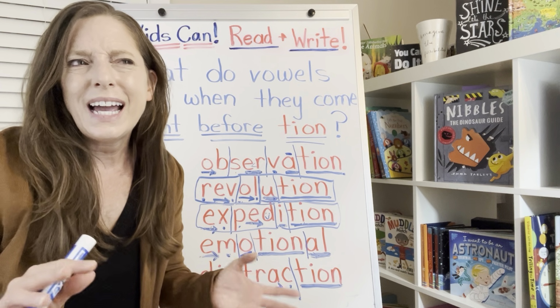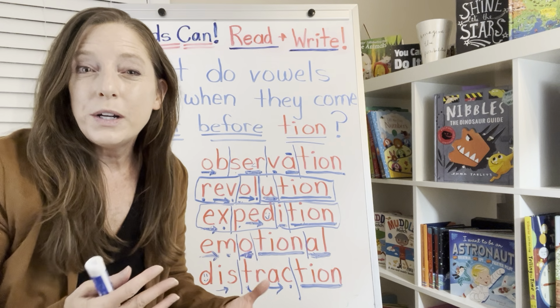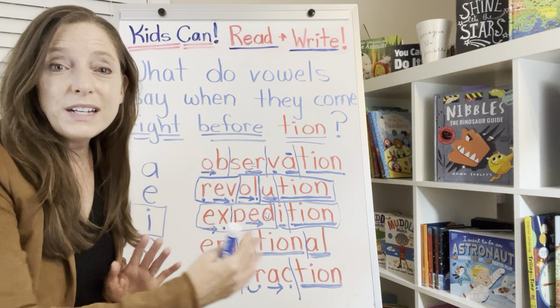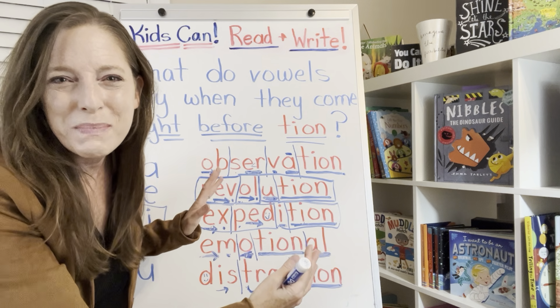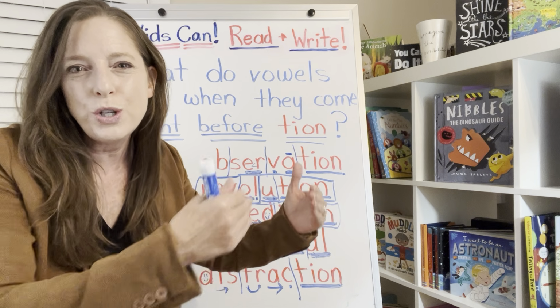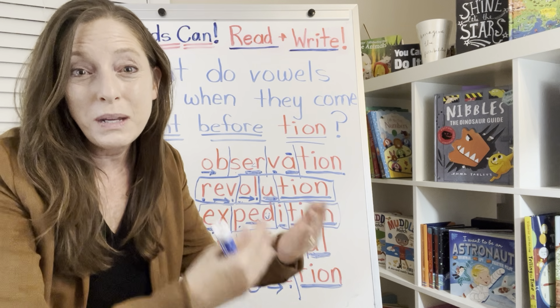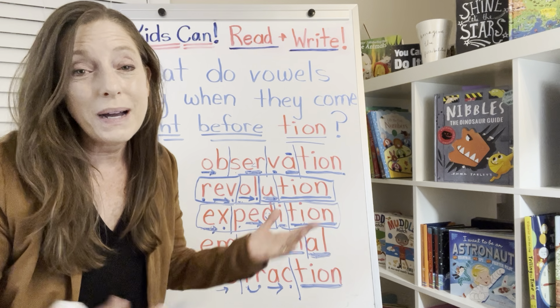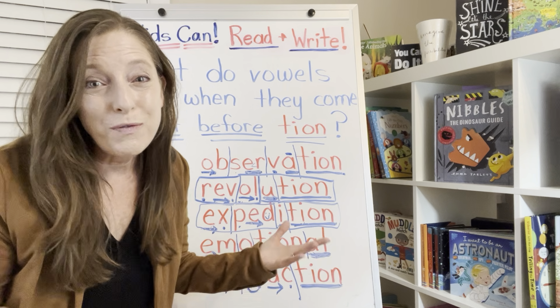So maybe anywhere kinder, first, second, if you have a beginning reader. But by the time you get to the shun trick, any age is reading the big words. And that's what's so beautiful about the program. It builds as you go. So it's not stressful in the beginning, but you do get to the bigger words. And by the end, you should be able to read pretty much anything if you've learned your tricks.